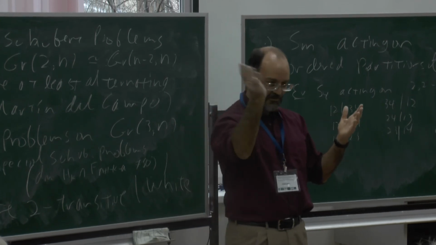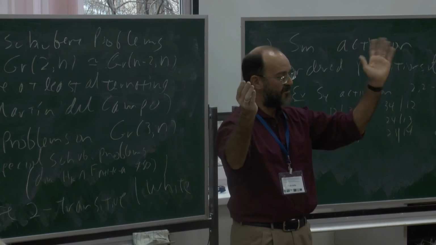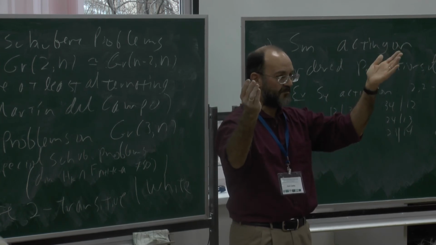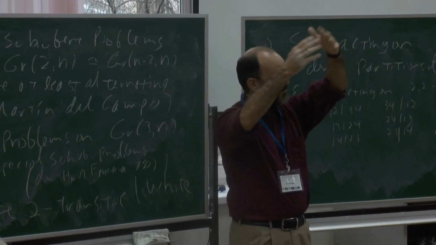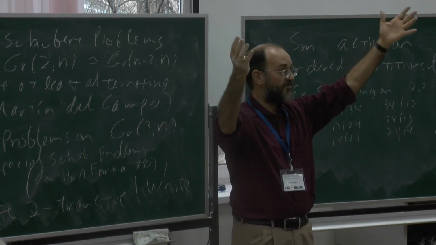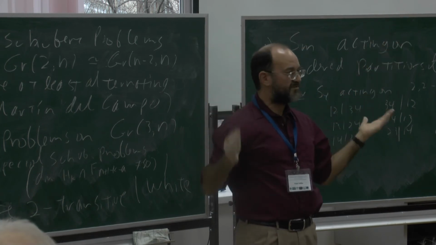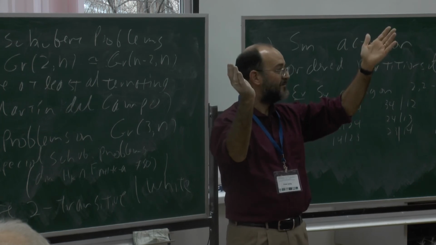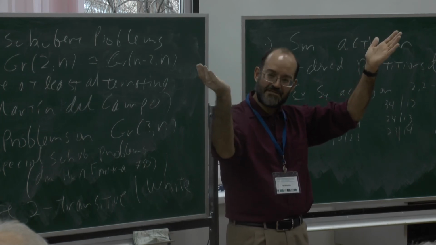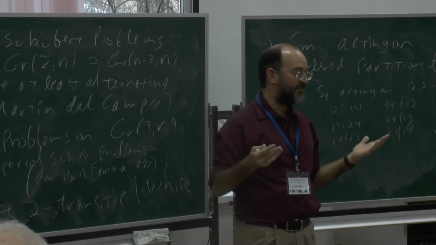If I know that the Galois group of this problem at least contains the alternating group, and the Galois group of this problem at least contains the alternating group, and the numbers are different, then it's a group theory result that the Galois group of the original problem is at least alternating. Even better, if the total problem is two transitive, and these are not both 6, because the Mathieu group is a counterexample to that, then it's at least alternating. So there's a group theoretic result.